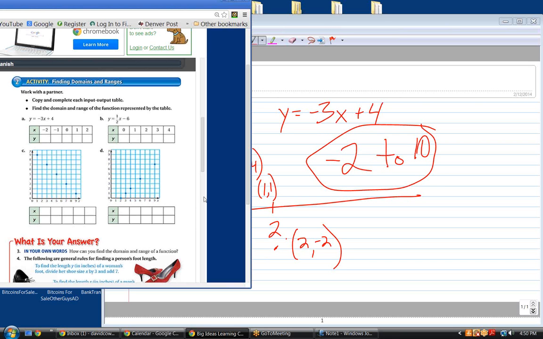Well, if you were basing it just on this, you would be correct. In other words, the way I taught you, you would be correct. But what they're kind of doing here is they're teaching you domain and range 101. In other words, they're really giving you the basics, basing it on a table instead of a full function.